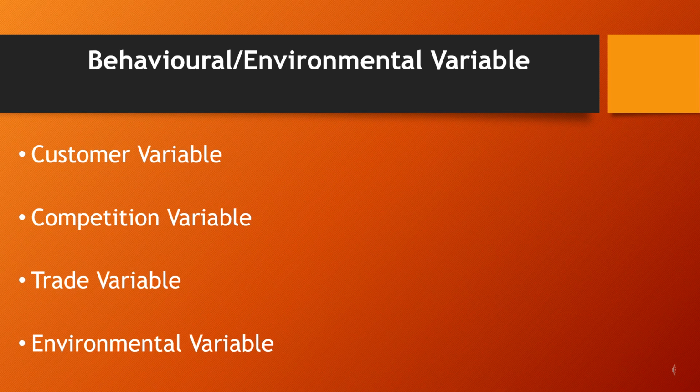Then comes trade variable. Trade variable contains structure of the trade, type of intermediaries, their strength and number, trade practice, services provided by the trade, motives and attitude of the intermediaries, extent of sophistication of the trade.